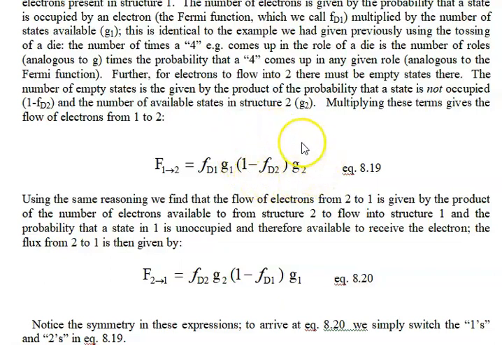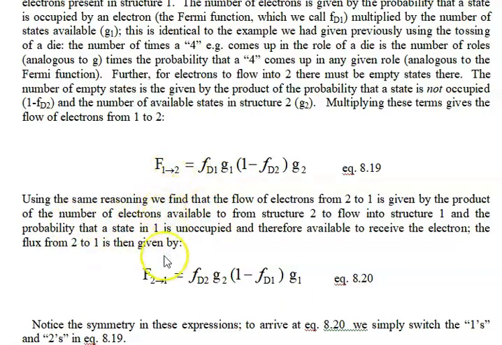So all this part says is that there is a probability of having an empty state in component 2, and the number of states in component 2. So to have flow from 1 to 2, we have to have a high probability of occupied states in component 1, and the number of states in component 1 must be finite.